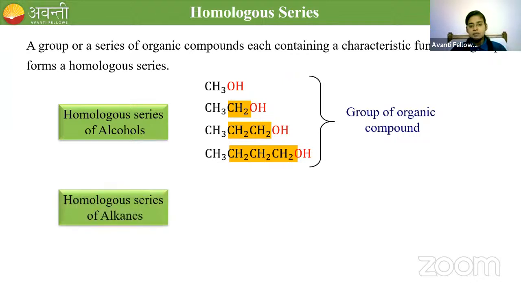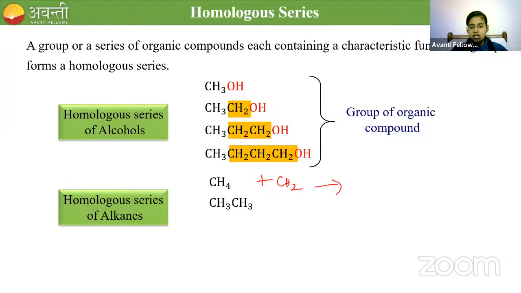Let me go for one more example, alkane. The one-carbon alkane is called methane, CH4. If you add CH2 to this methane, what will you get? If I replace one of the hydrogens by CH3, I will get CH3CH3. Adding CH2 to CH4, I get C2H6, which can be written as CH3CH3.